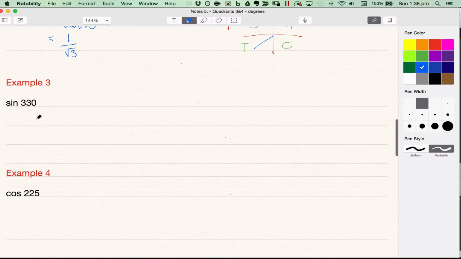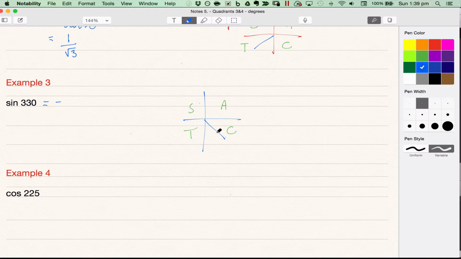Example 3, sine of 330. Quick sketch, 330 is going to be here. CAST. So cos is positive here. So we need a minus sign.